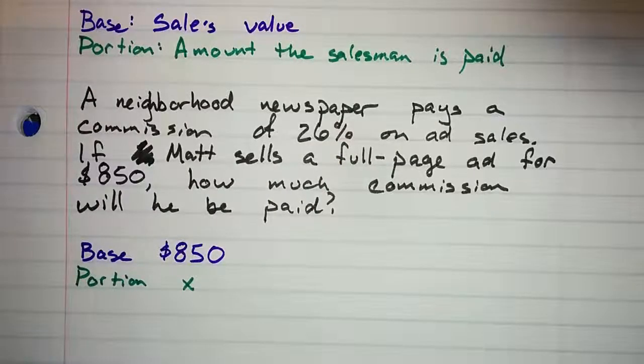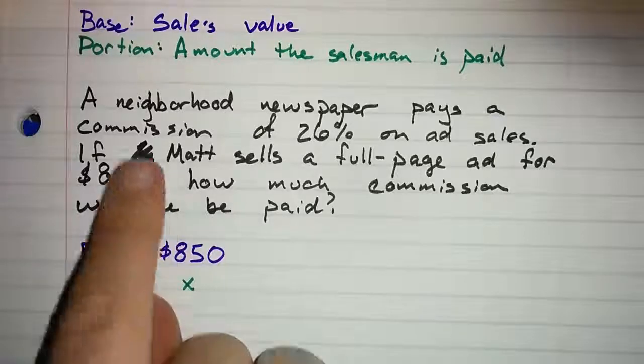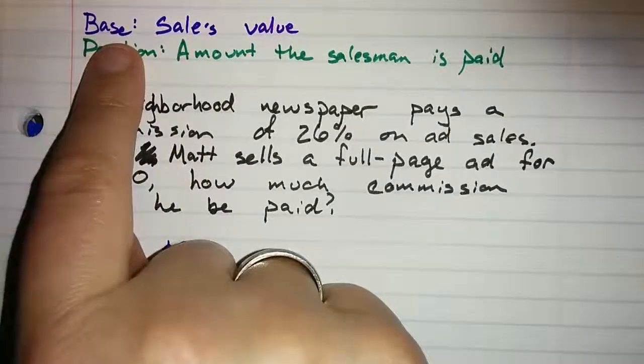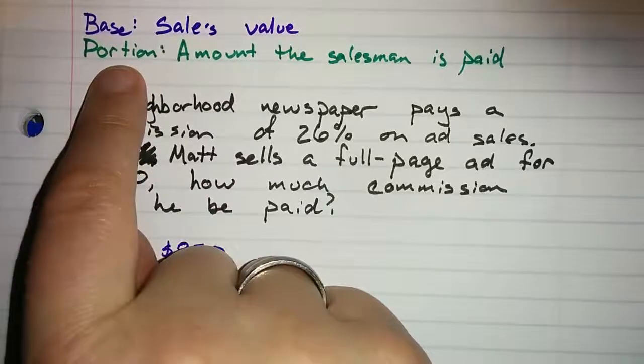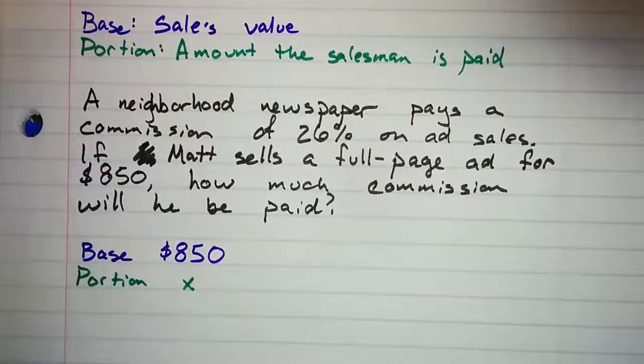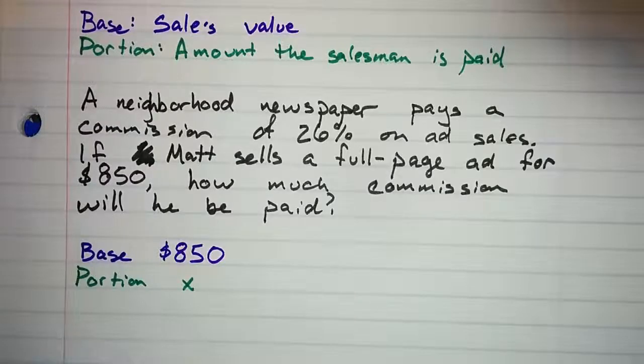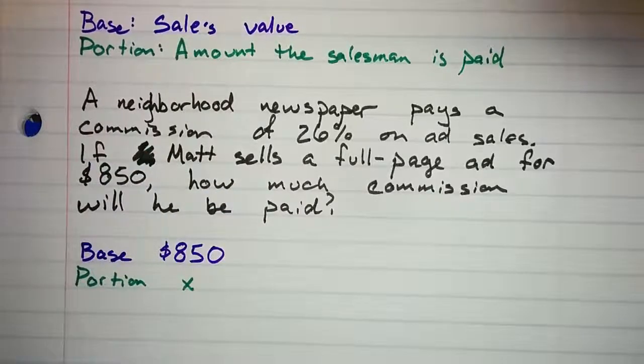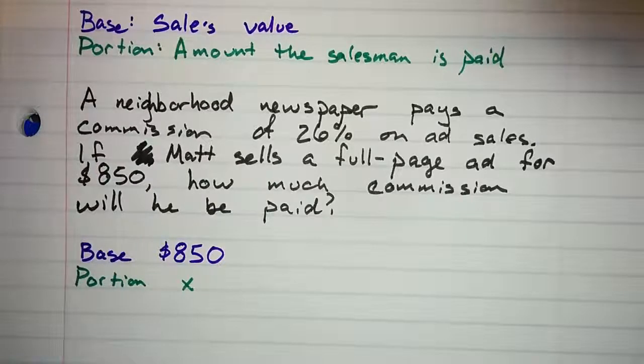We're ready to set up a percent proportion. When we were told that this was about a commission, it told us what the base would be and what the portion would be. So all we had to do was pull out numbers. By telling us that this was a commission, this problem did all of the hard work for us because we know all about how commissions work.